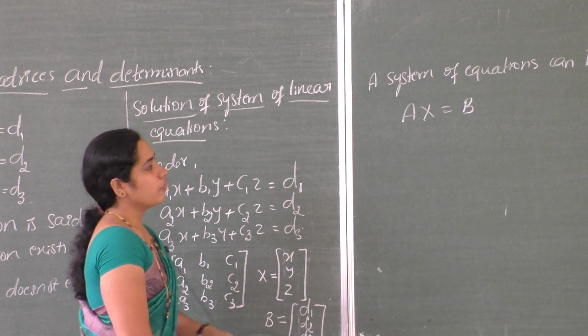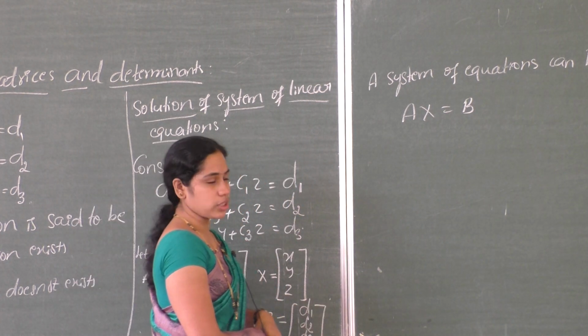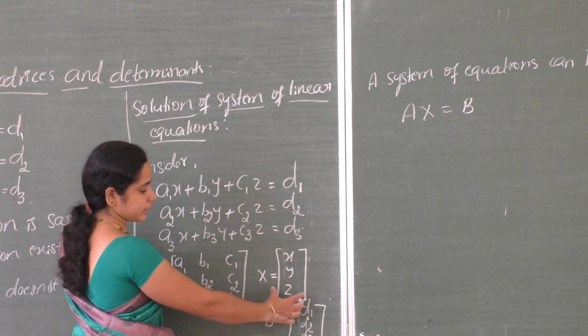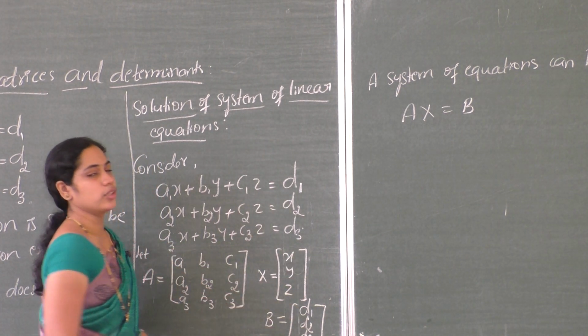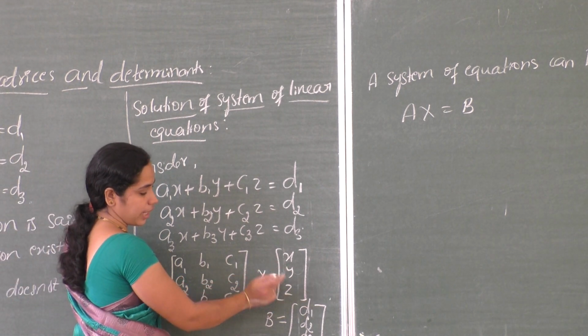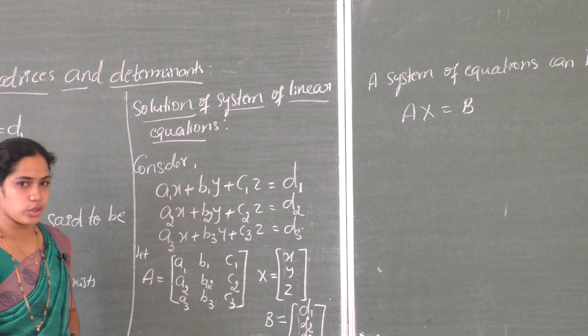Now we need to find the solution. That means we need to find the unknown values. What are the unknowns here? X, Y and Z are the unknown values.